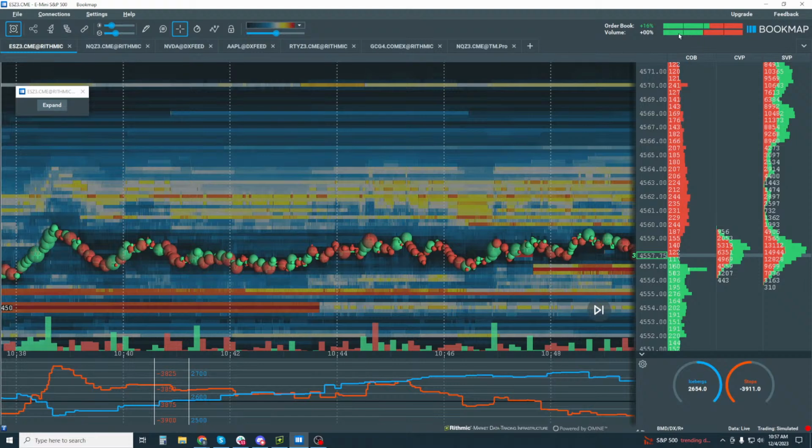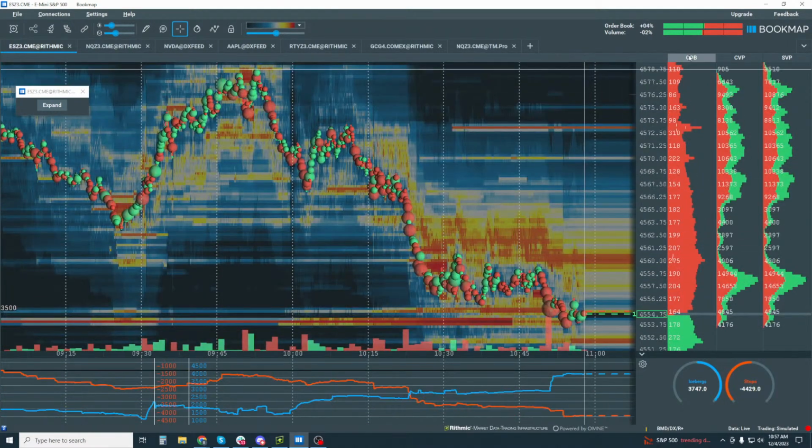And you can see the order book here has an imbalance on the buy side because of this high liquidity in here, and especially in here. You can see a little bit in here as well. So plus 16, that's a pretty big skew, and it's green here. Volume is equal, it's 0, so not getting much out of volume there.